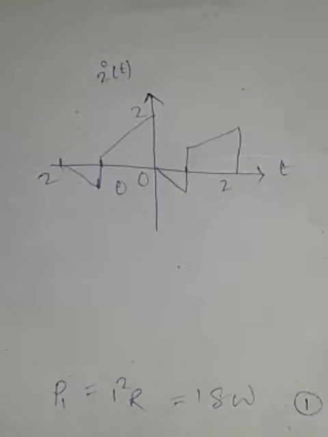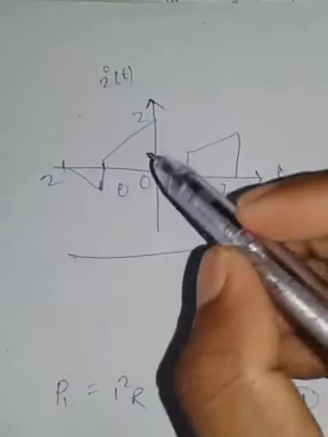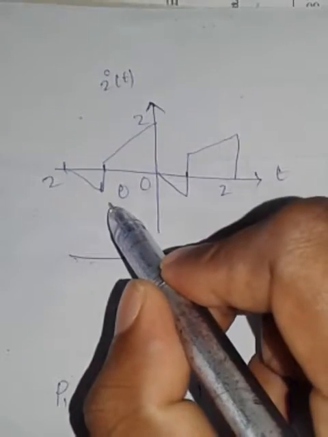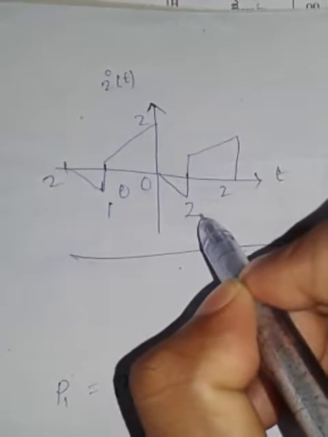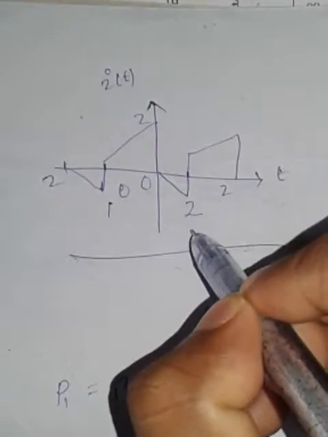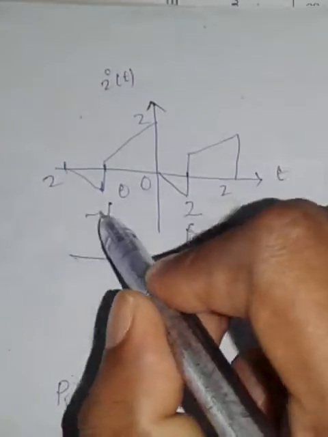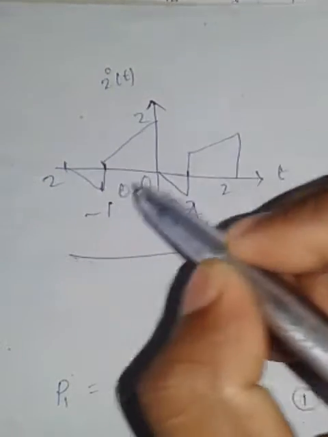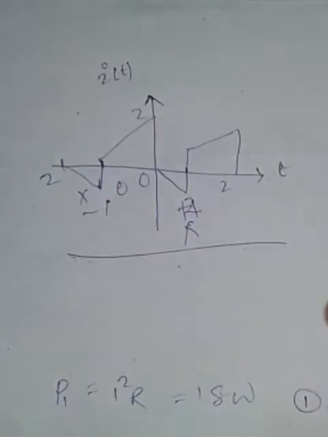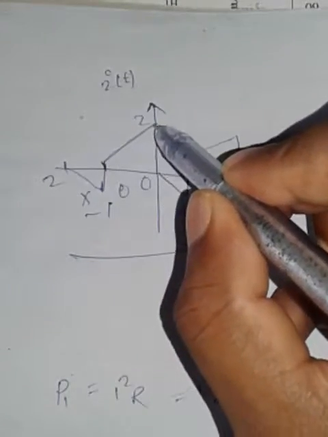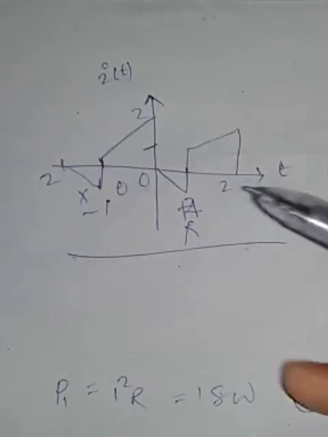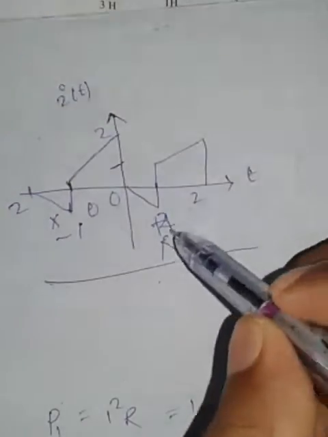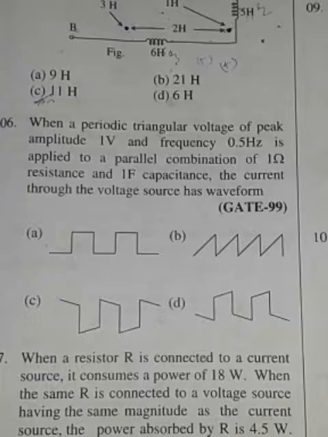So the final figure will be like this, because the time period always remains constant. The negative part also won't change, only the positive part changes slightly from 1 to 2. So this is the figure for question number 30.